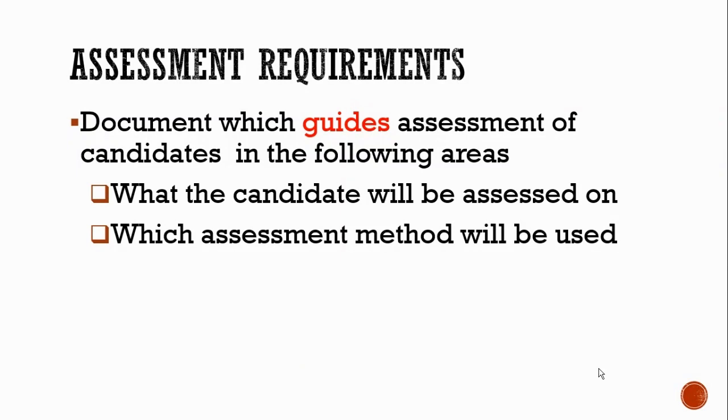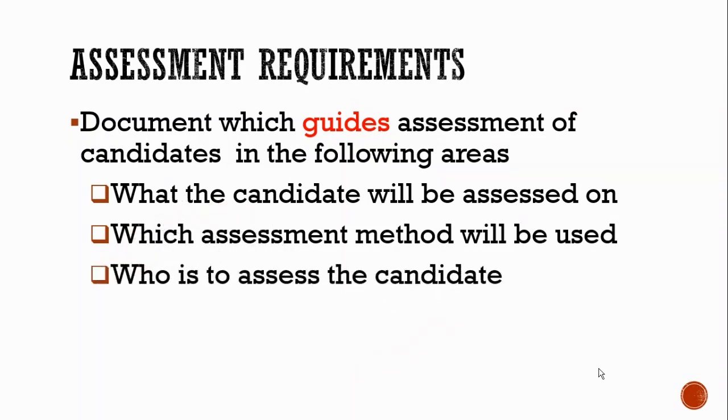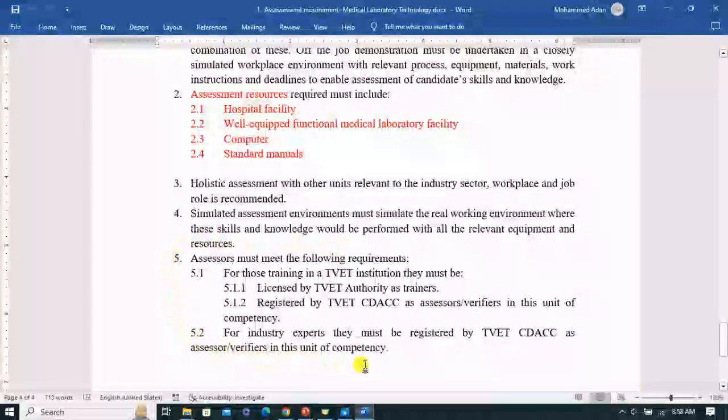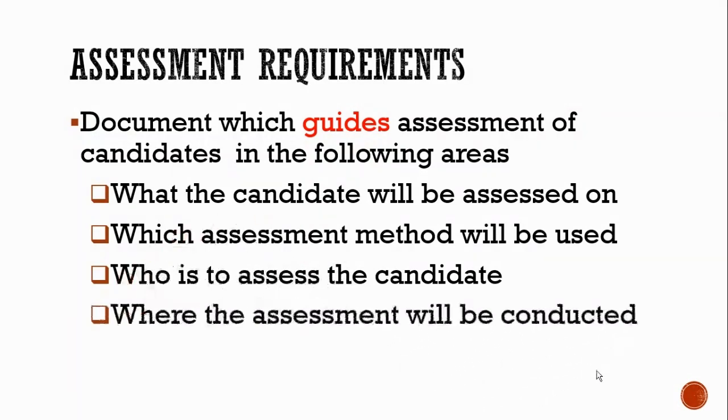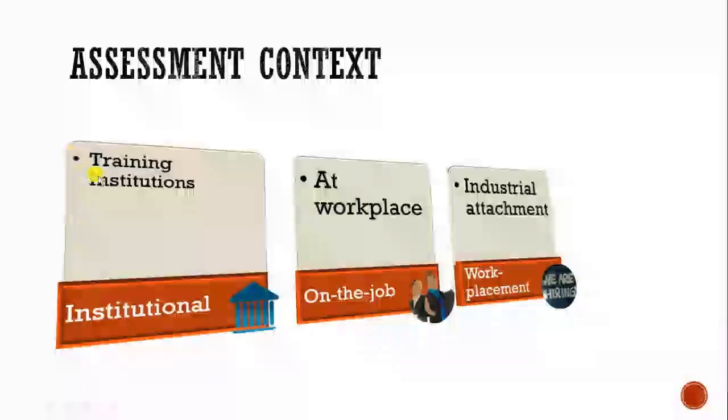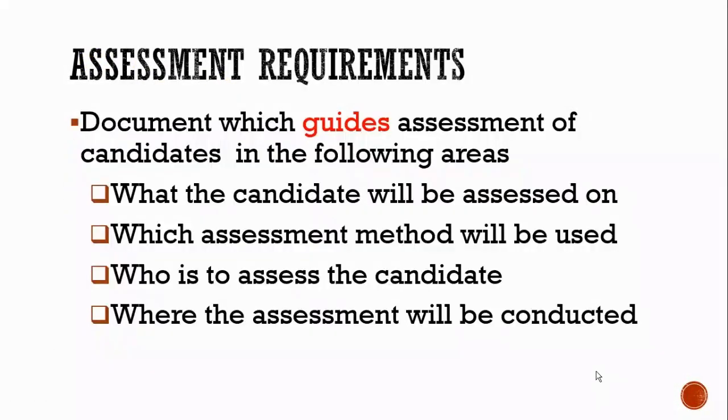The other bit is who is to assess the candidate. So it outlines the requirements that an assessor needs to meet to conduct assessment of this learning outcome for a particular unit of competency. It also guides on where the assessment will be conducted. So you are talking about assessment context. In which area will you be conducting the assessment?